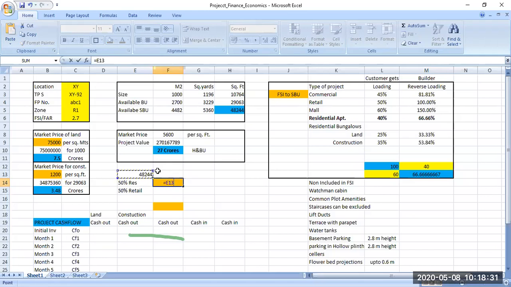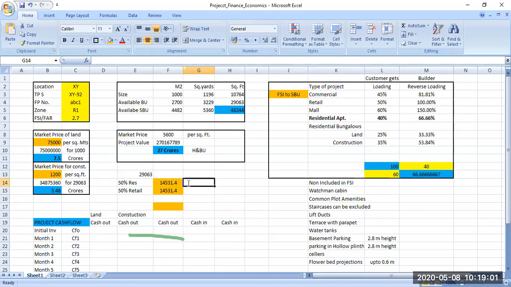I'm sorry, I took the wrong number. Not the super built-up, you need the build-up number. You need to take this number, 29063, and divide it into two parts. So this is part one and this is part two.